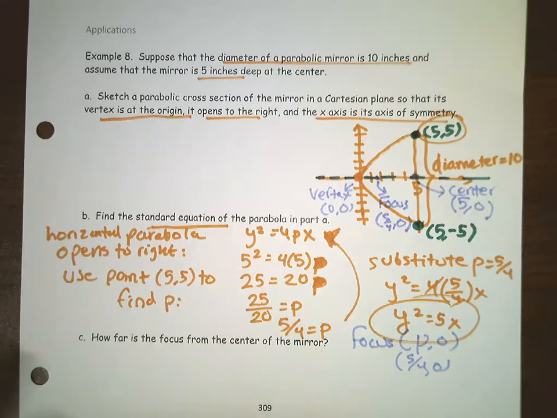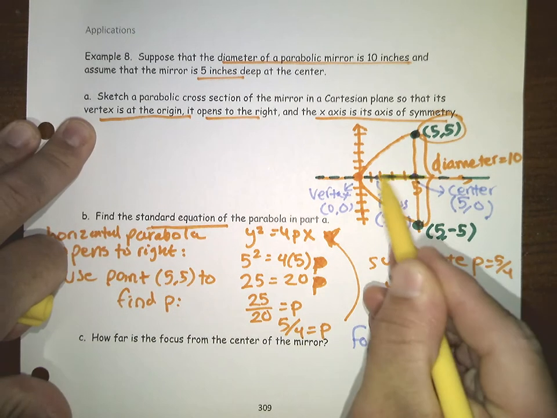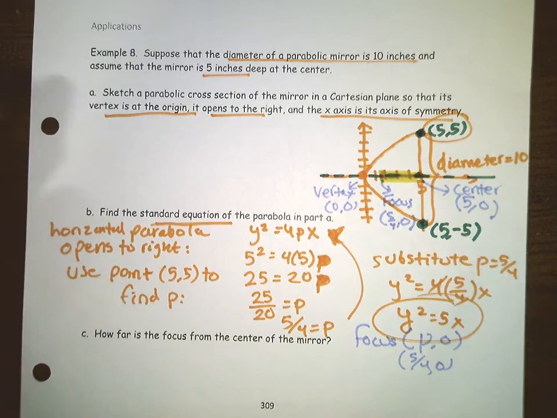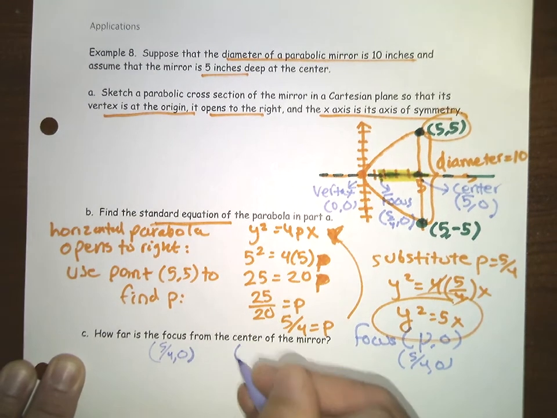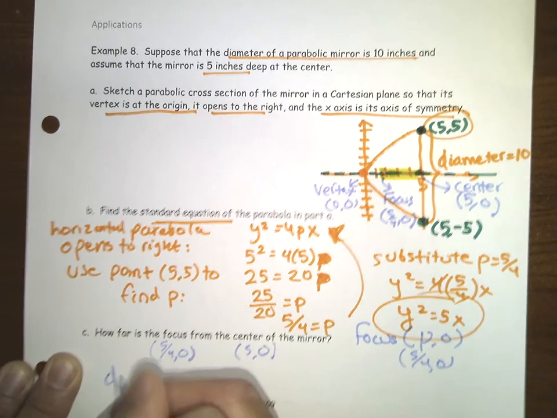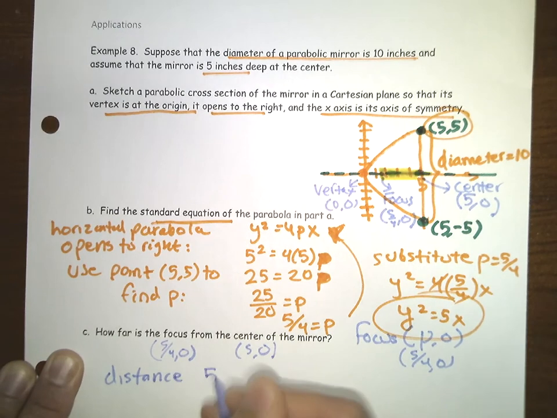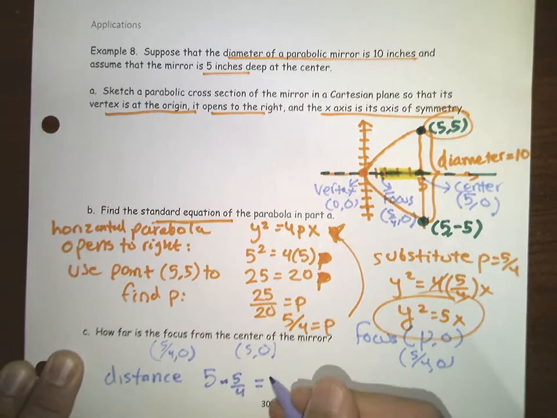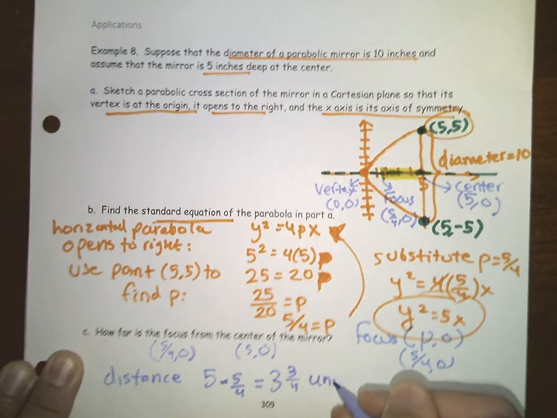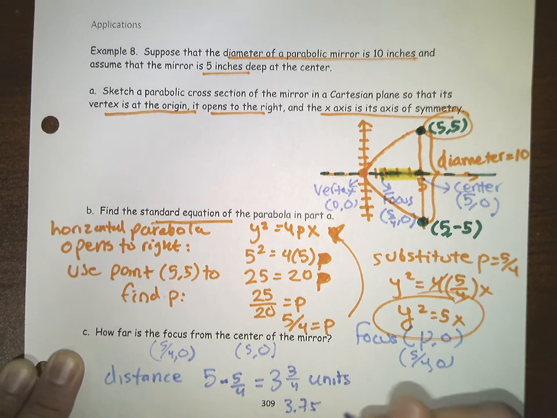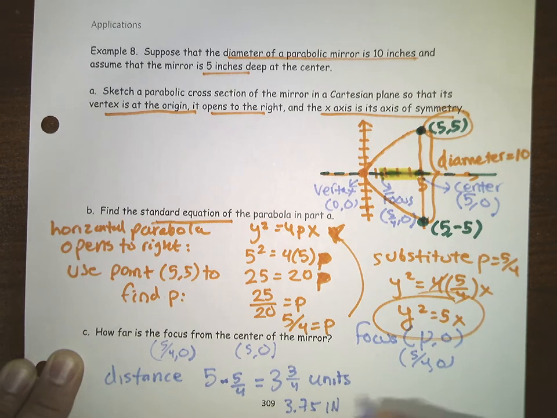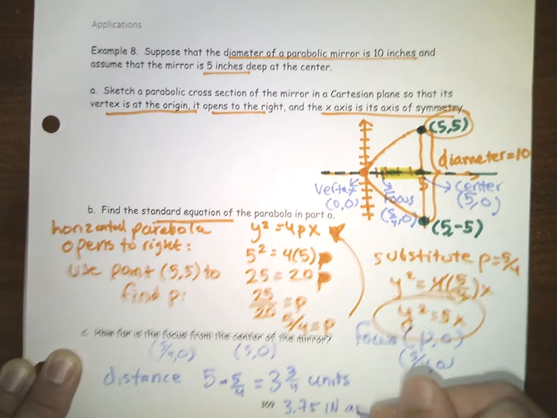So the distance the focus is from the center actually is this distance right here. So then remember, since the focus was at (5/4, 0) and the center is at (5, 0), the distance is just going to be 5 minus 5/4, or 3 3/4 units, or 3.75 inches, because the units were inches, right? Inches away.